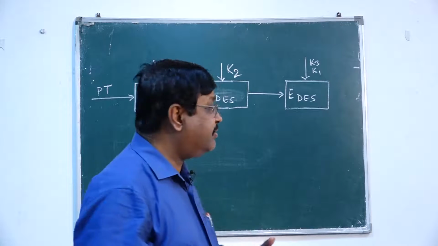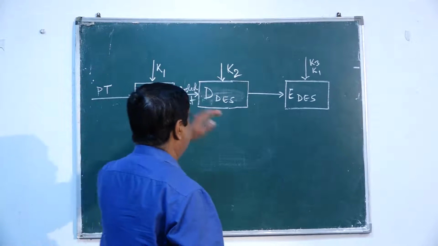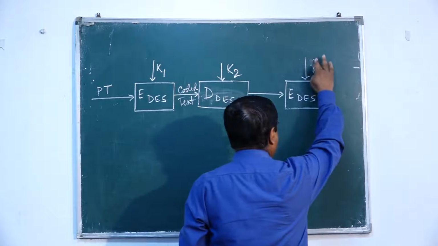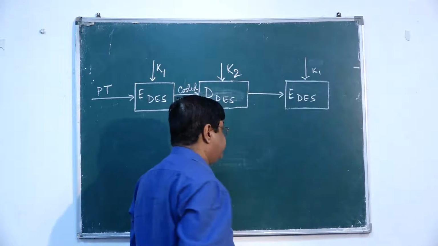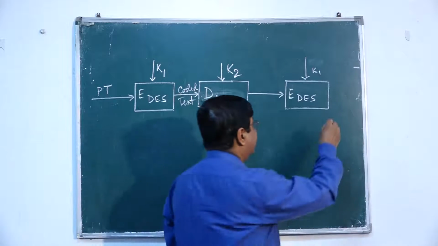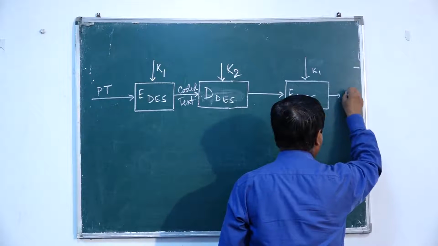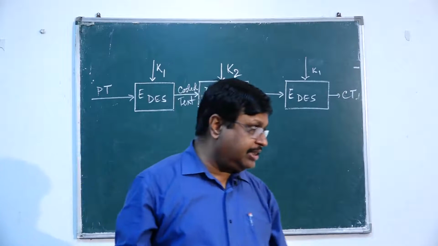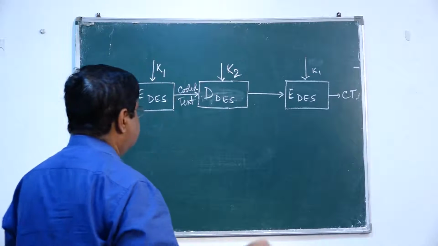We will understand what happens if we use K3 and if we use K1. So, here we take K1, and after this we receive the ciphertext, and now this ciphertext is sent into transmission through the secured channel.